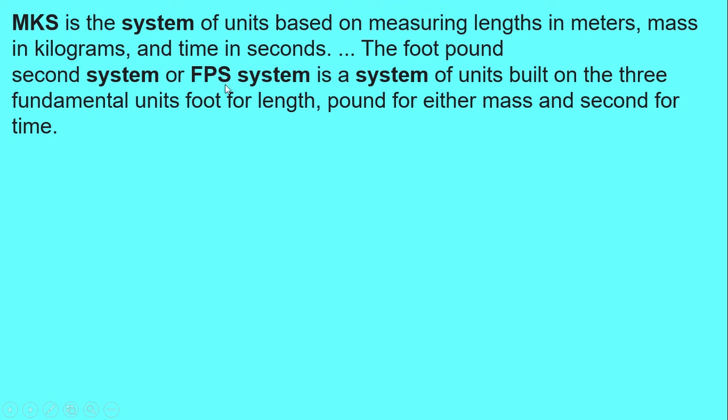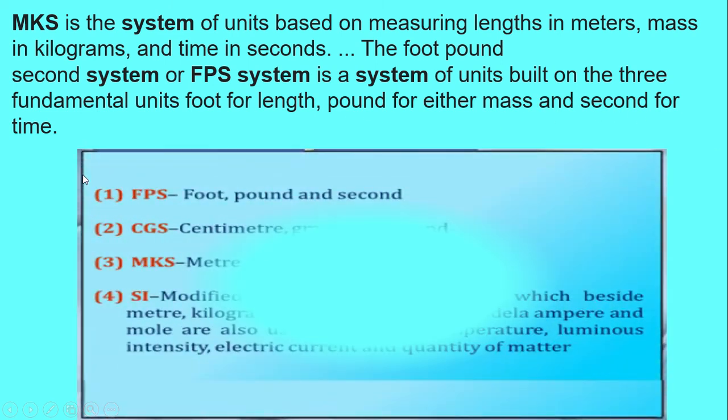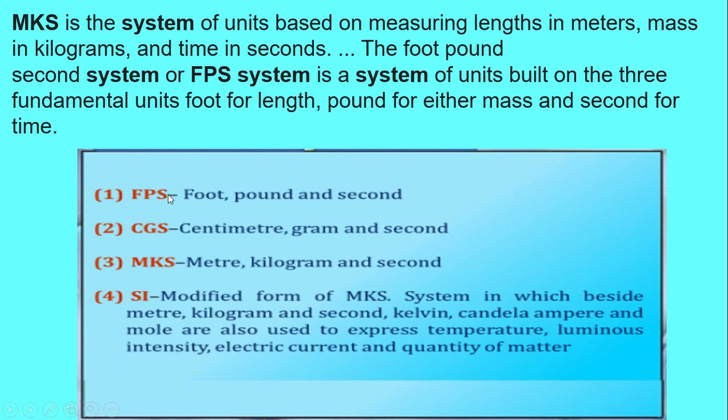The foot-pound-second system, or FPS system, is a system of units built on 3 fundamental units: foot for length, pound for mass, and second for time.